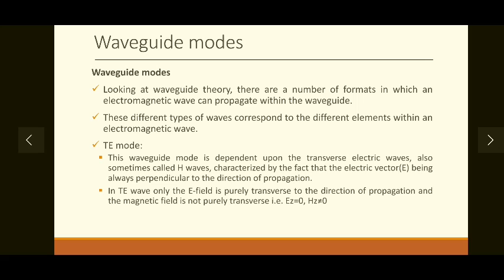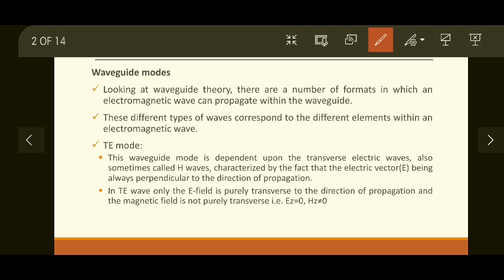Waveguide supports only two types of modes, that is TE mode, transverse electric mode, and TM mode, transverse magnetic mode. So what is TE mode? In the TE mode, if we assume a waveguide, let's say these are the three axes X, Y and Z, the wave is traveling along the Z direction.